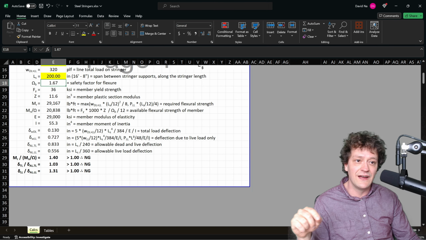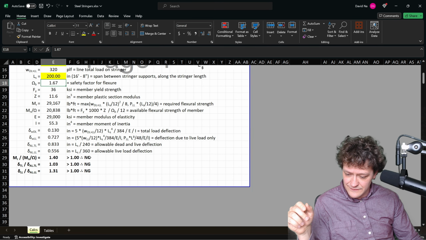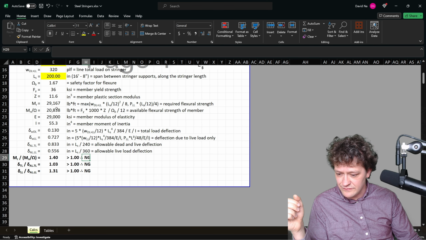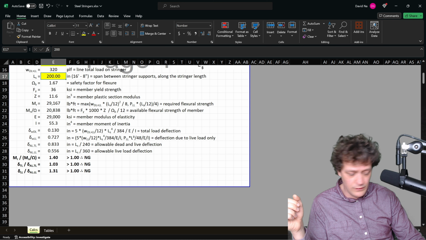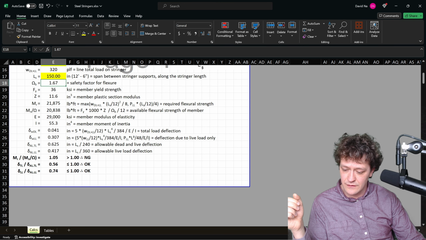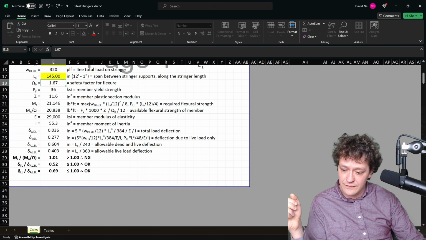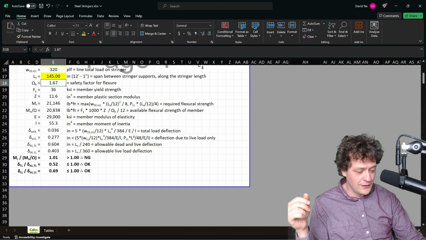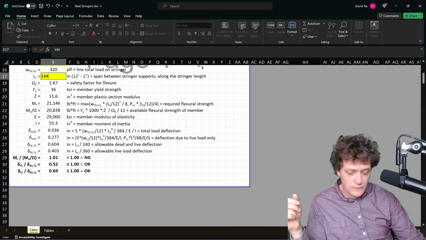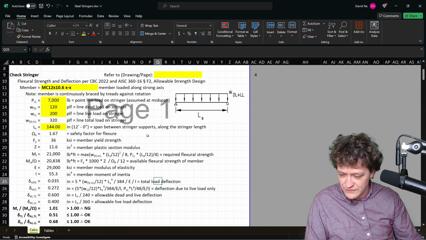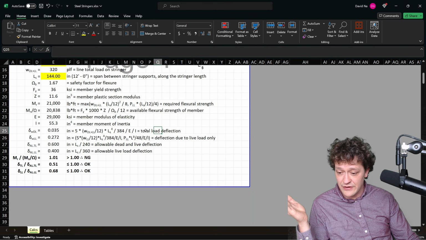So if you see down here that it says NG, that means no good. Can we do 150 inches? Almost. It's kind of within the error, so 145. So you can go 12 feet. It says no good, but 1% over, you're fine. And so there's your answer.